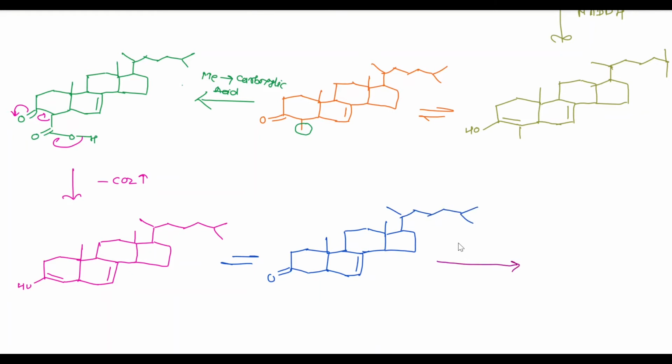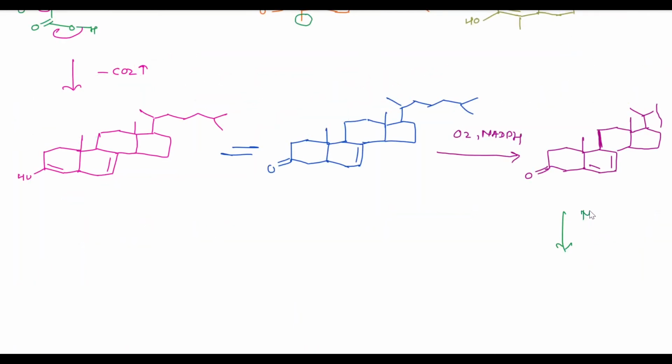In the next step, by using O2 and NADPH, dehydrogenation gives a conjugated diene and we get. In the next step, by using NADPH, selective reduction of this double bond takes place and we get here carbon double bond oxygen.